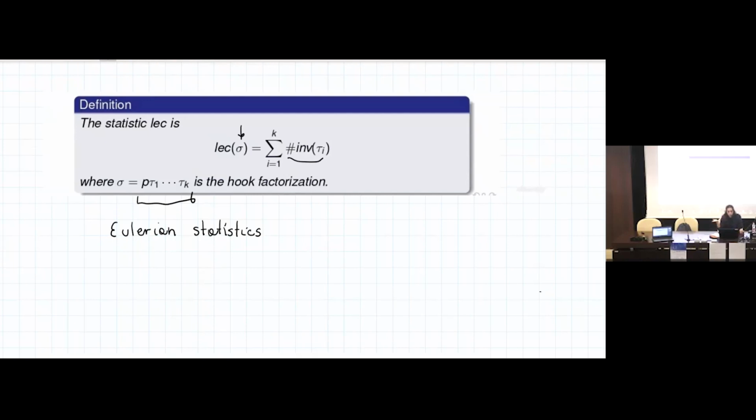The most important Eulerian statistic known in Coxeter groups for Sn is the DES statistic, the one that counts the number of descents in sigma. Being an Eulerian statistic means that the statistic has a specific distribution, which is the following.